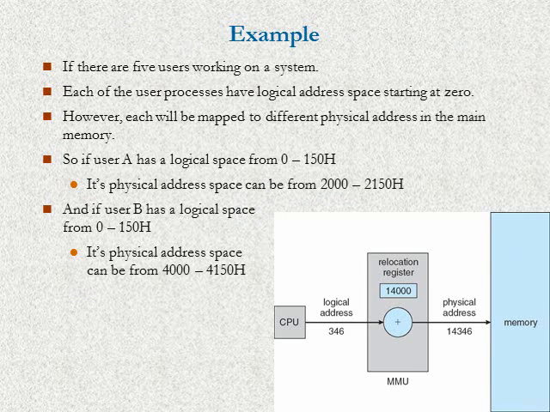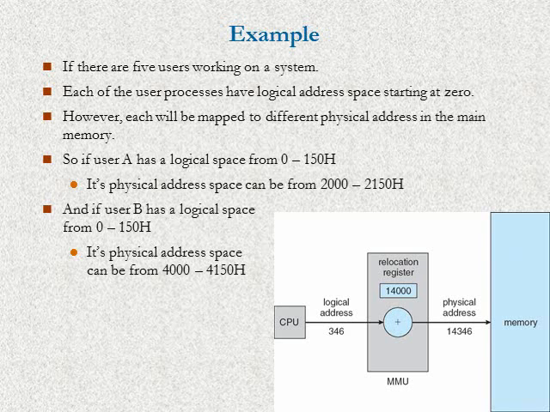To completely grasp this concept, let's consider an example where we have 5 processes running in a system. Each of these processes has its logical address space starting from 0. However, even though their starting logical address is 0, they are mapped onto different physical addresses on the main memory.